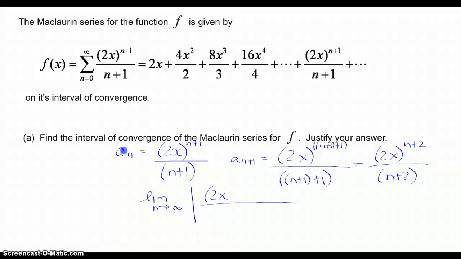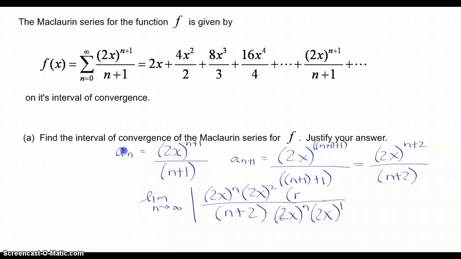That's 2x to the n times 2x squared. And then we'll have all of that over n plus 2. We have the reciprocal. 2x to the n times 2x to the 1.